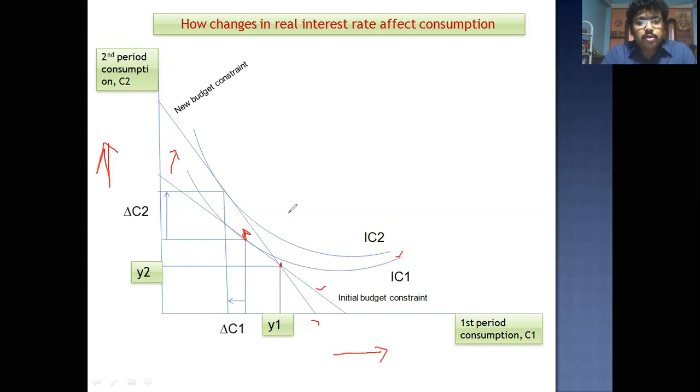And now there are two effects. Now, if there is an increase in the real interest rate, there are two effects. One is the income effect, another is the substitution effect.